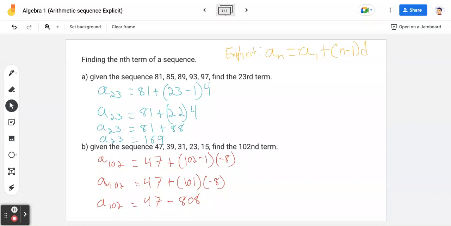And we will finish it off there. Therefore, a sub 102, meaning the 102nd term, will be 47 minus 808, which is negative 761. So there you have it, using explicit formulas to find terms.